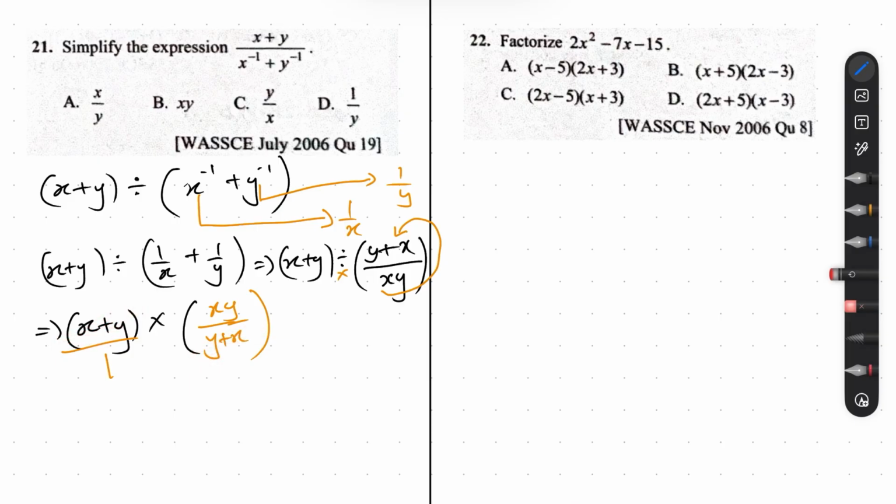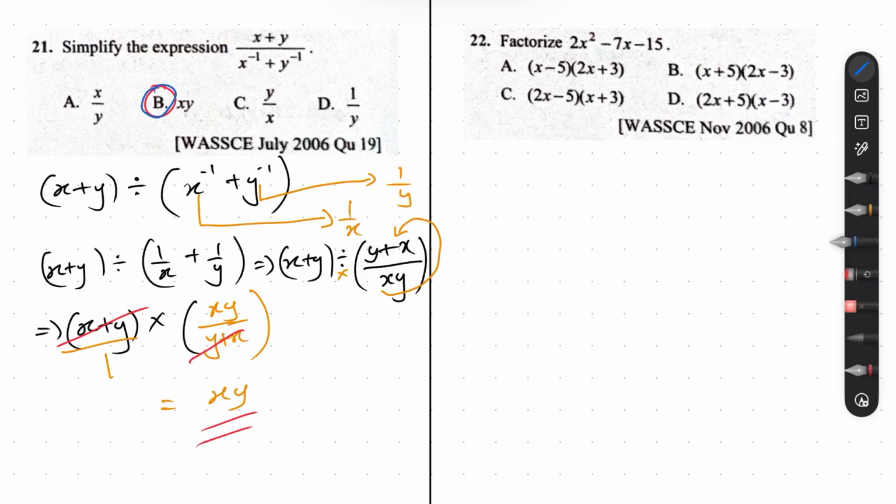So they can cancel out. When they cancel out, what are we left with? We are left with xy. So our answer is xy. Do we have it? Yes, the answer is B. Okay, cool.